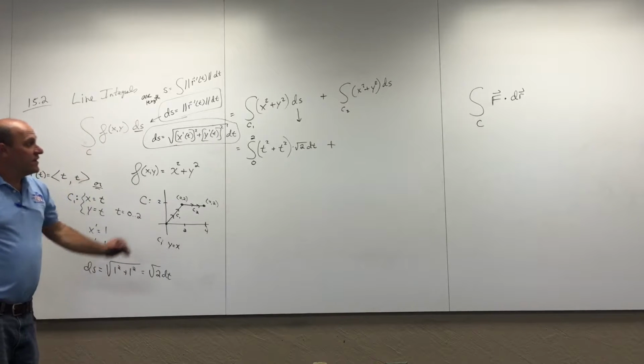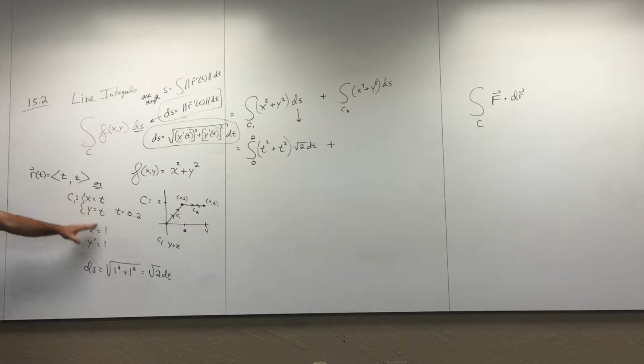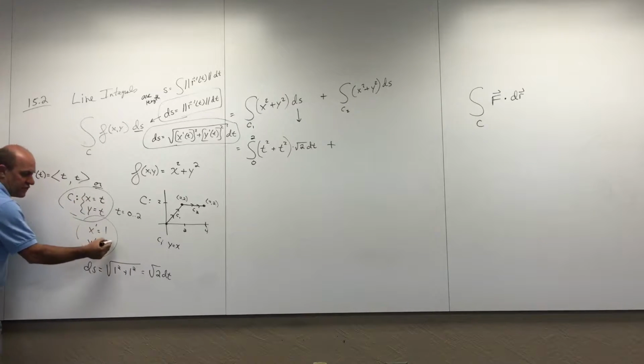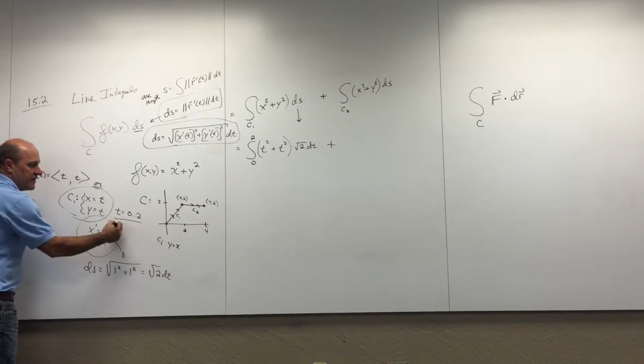Now I'm pausing. We totally set up that first integral for C1. It's kind of a lot of work, isn't it? Nothing I did was too hard, but there are a lot of little pieces you have to put together. You need the curve. You need the derivative of that parametrization because that derivative leads you to ds. You need the bounds.